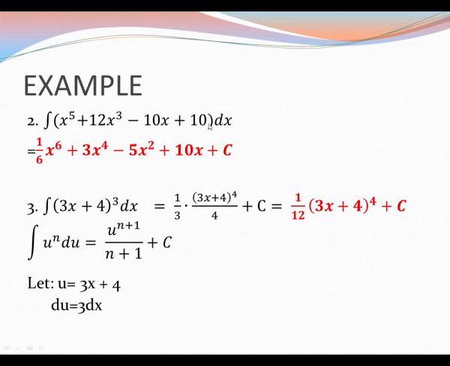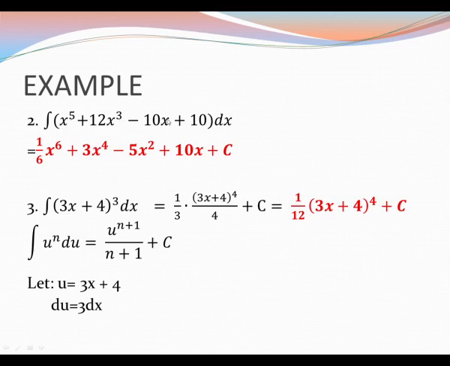Another example, for number 2, we have x to the 5th plus 12x cubed minus 10x plus 10 derivative of x. We can evaluate right away, no need to show the solution step by step. This is just simply by power integral. So this is simply x to the 5th plus 1, that will be x to the 6 over 6. And then we have 3 plus 1, that will be 4 over 4, so 12 divided by 4, that will be 3.